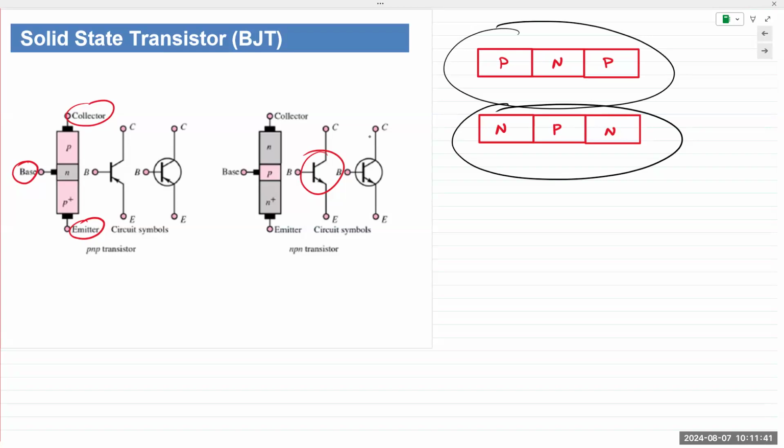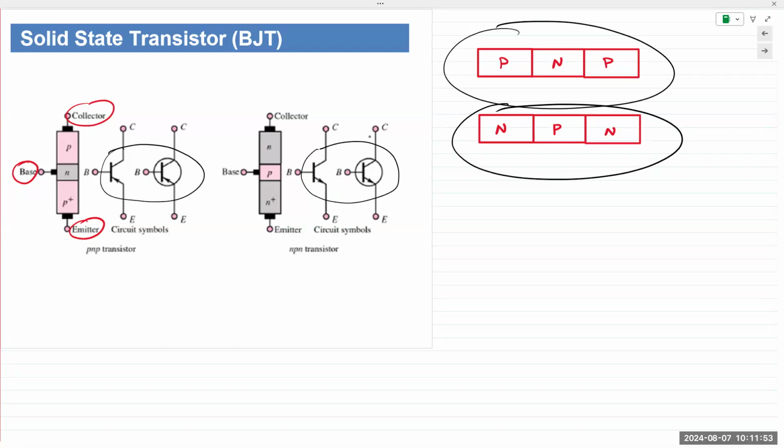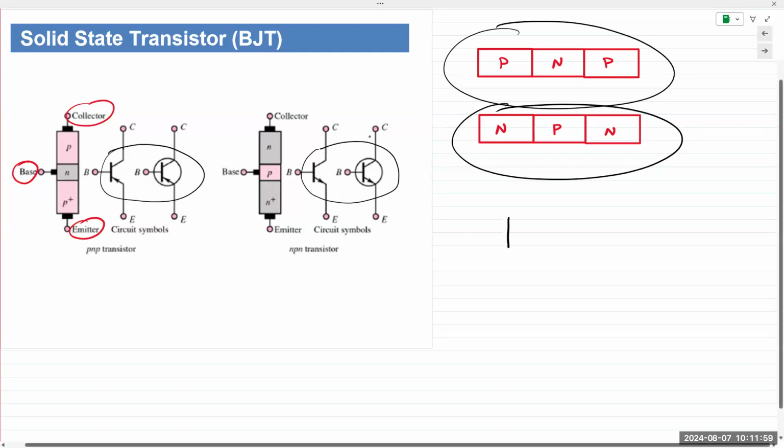The symbol for a transistor is shown in these images right here. Typically, we do not have a circle around the symbol. Some textbooks and some authors do like to use those circles, but typically we simply have a transistor that is drawn like this.